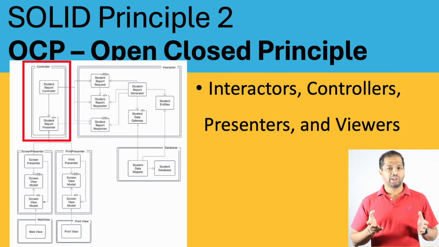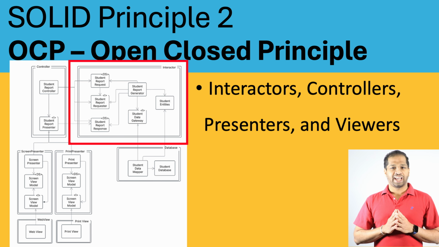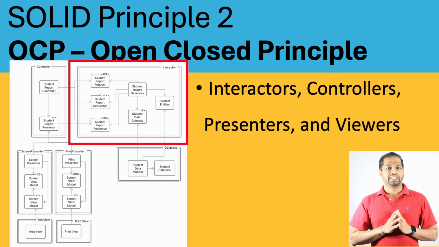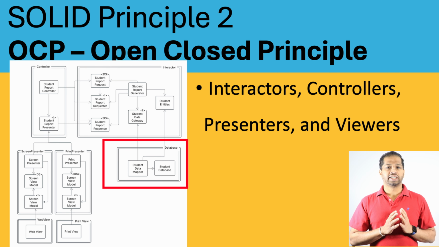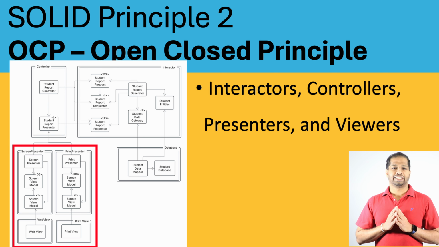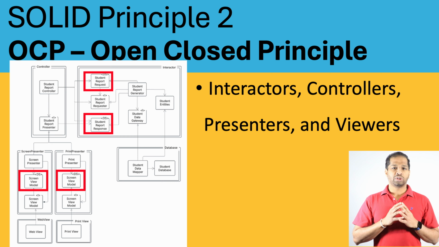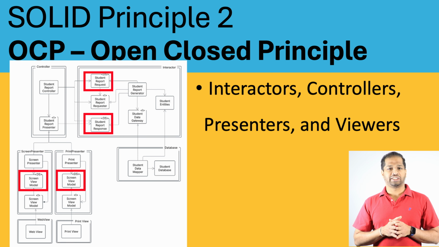In our example, we have the controller at the top left, the interactor at the top right, the database at the bottom right, and the presenters and views at the bottom left. Classes marked with I are interfaces and those marked with DS are data structures.